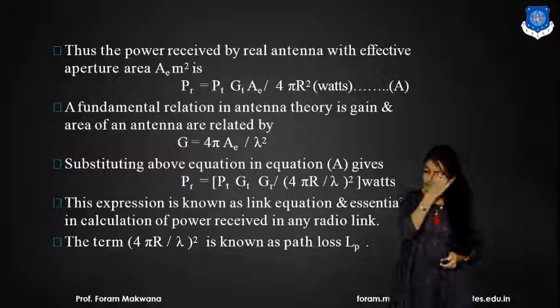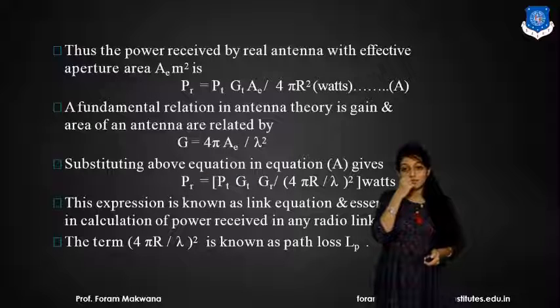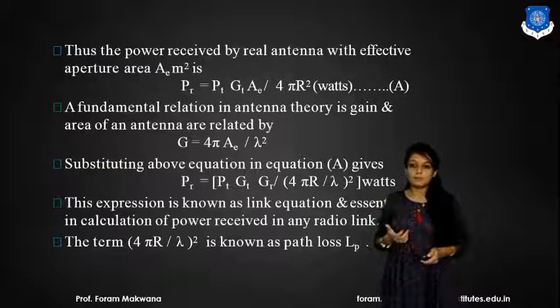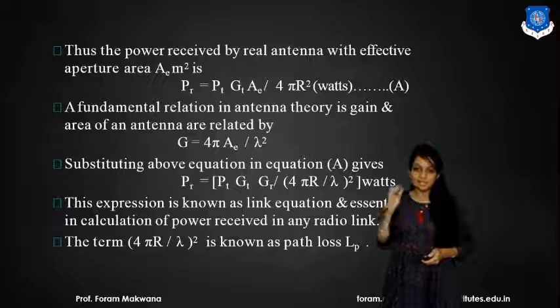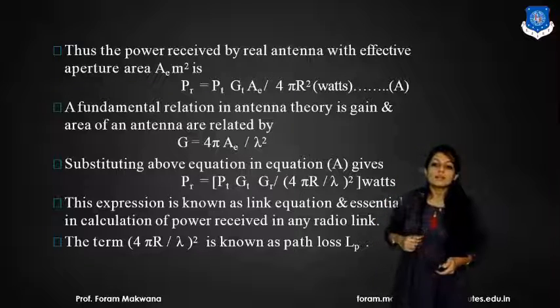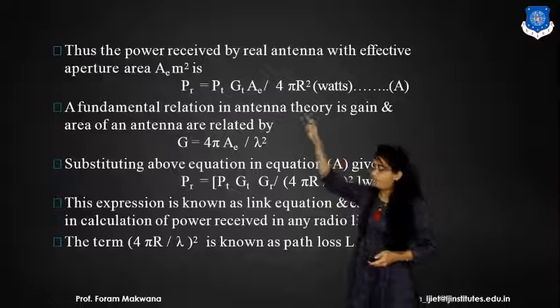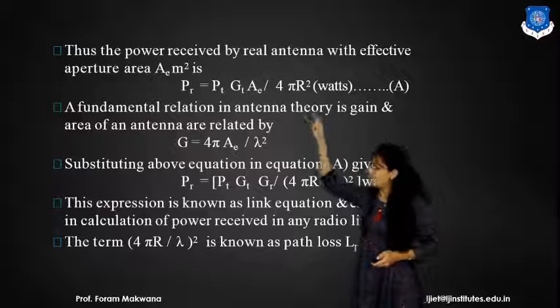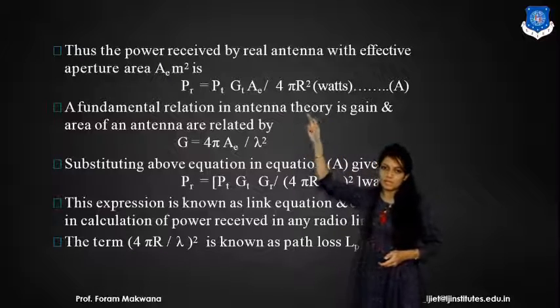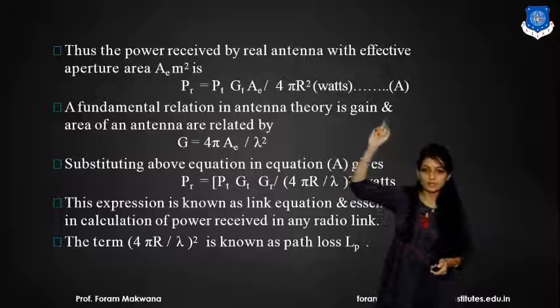Now, the power received by the real antenna with the effective aperture area AE in square meters, we can say that received power is equal to PT GT into AE upon 4 pi R square.